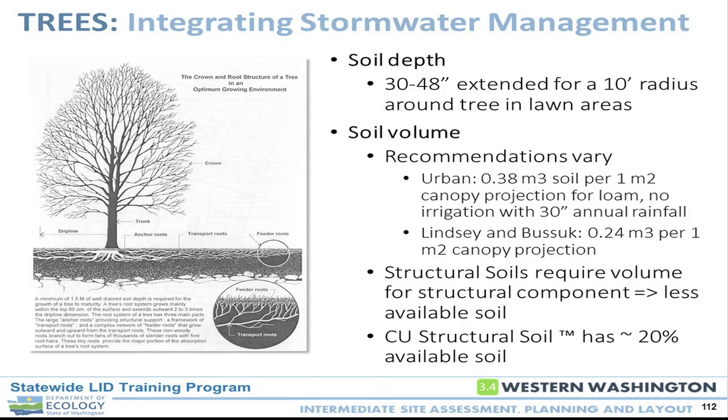The structural soil is rock, say about this size, with a polymer and soil coating that rock. Okay, so the rock provides the structure, right? You can put that in a hole, put something over it, porous asphalt or pavers or something like that, and use that as a structural support.